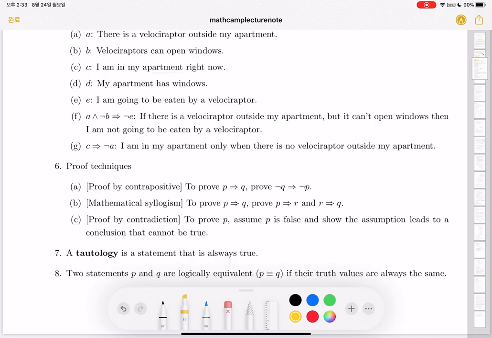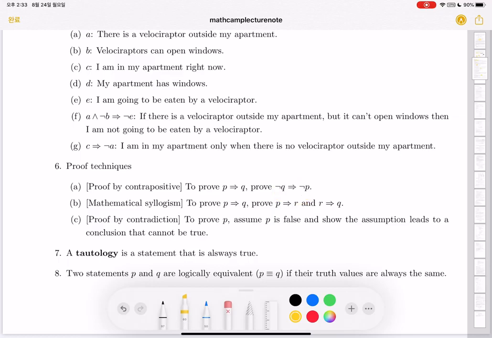It means that to prove this statement P implies Q, or if P then Q, what you need to prove is the negation of Q implies negation of P. If you take this proof method, then it's called the proof by contrapositive. This statement is the contrapositive of this statement. Okay.